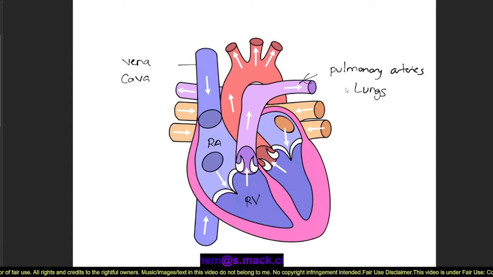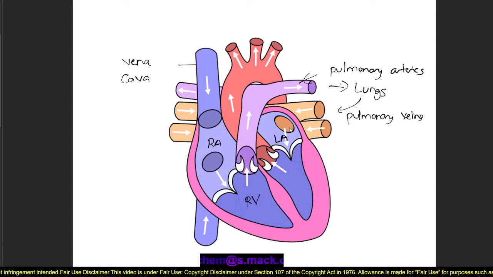The deoxygenated blood at the lungs collects oxygen gas, returns to the heart via vessels called pulmonary veins. Right, these are our pulmonary veins in yellow. The oxygenated blood enters into the heart through the left atrium.